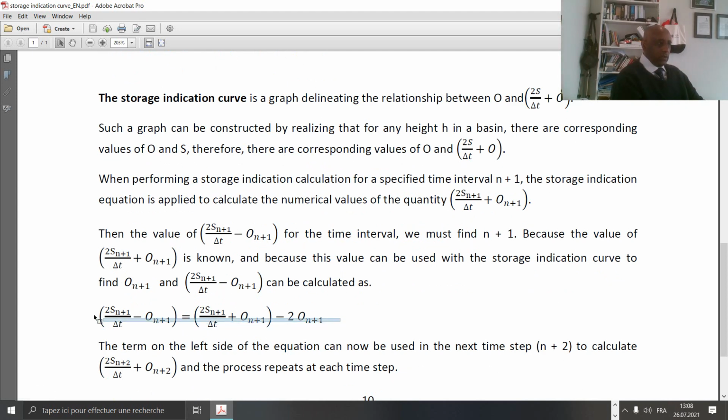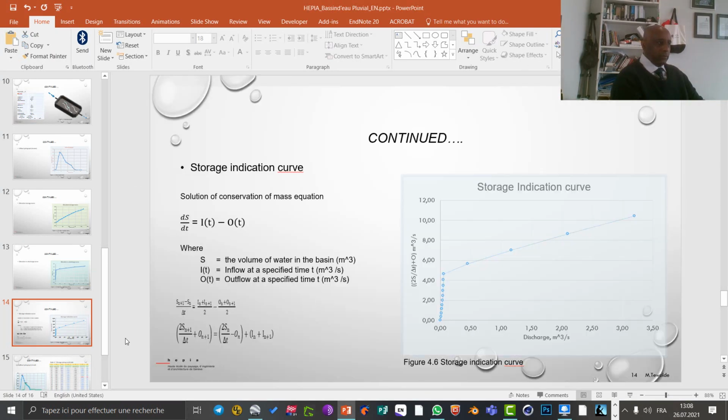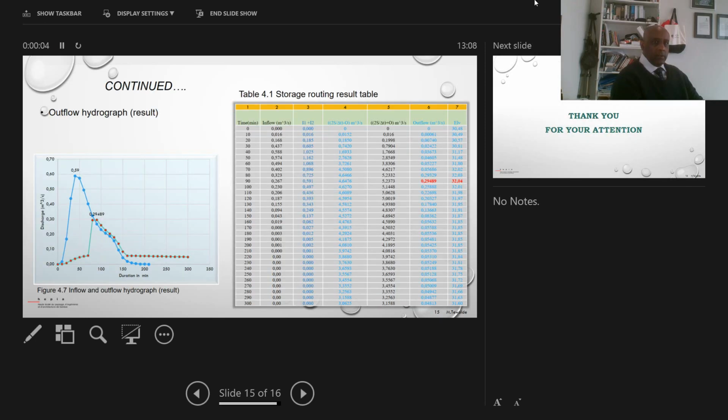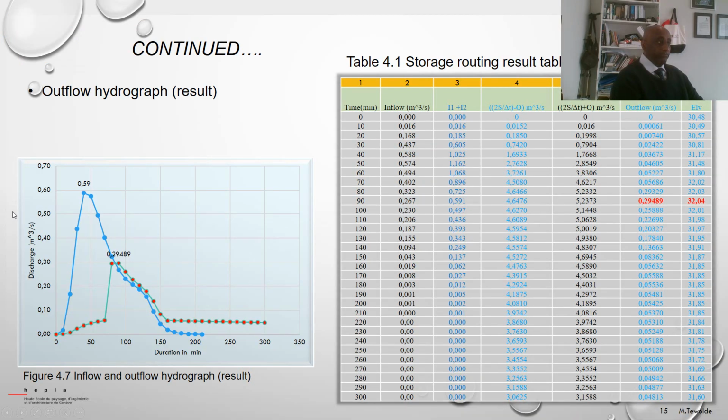So that is how we calculate the outflow hydrograph. For example, here's the result. We developed the outflow hydrograph.